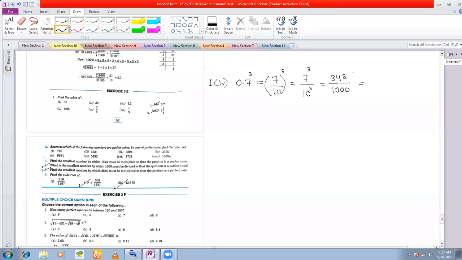So if I want to express this fraction in terms of decimals, how do I express? You see 343 has a decimal point here and is divided by 1000. So I'll move the decimal 3 places towards the left because there are 3 zeros in the denominator.